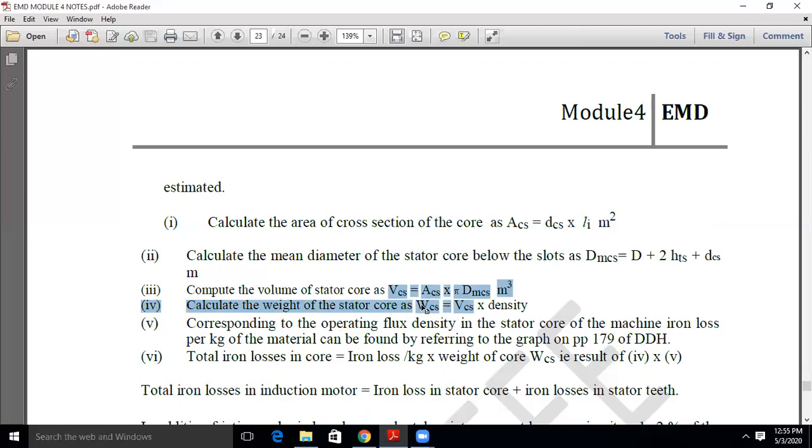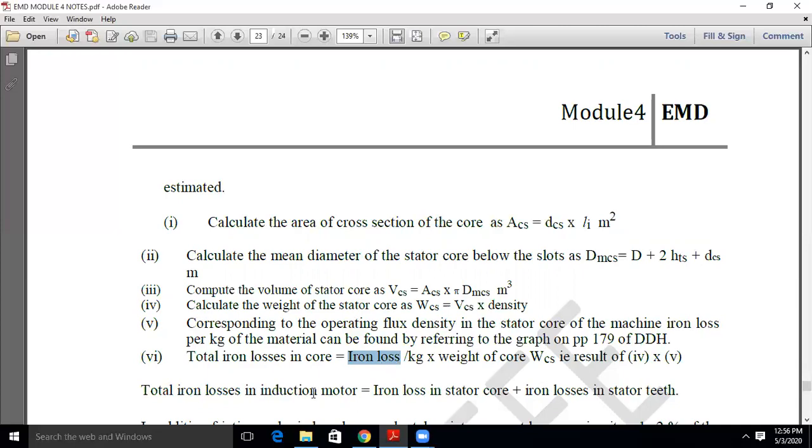Again calculate the weight WCS, and corresponding to the operating flux density in the stator core of the machine, iron loss per kg of the metal can be found. Then go for the total iron loss in the core as iron loss per kg into weight of core WCS, that is the result of 4 and 5.